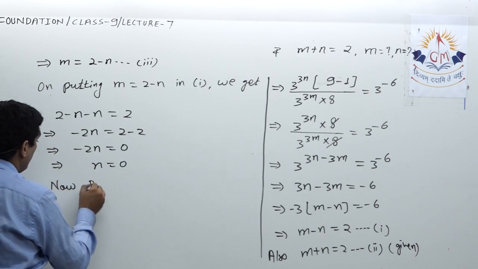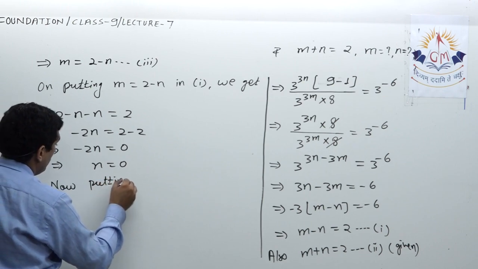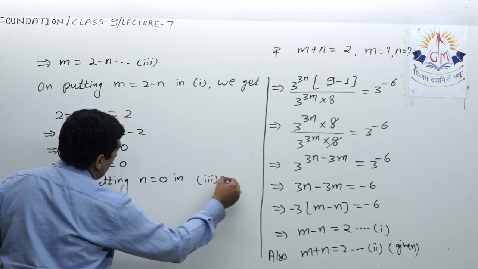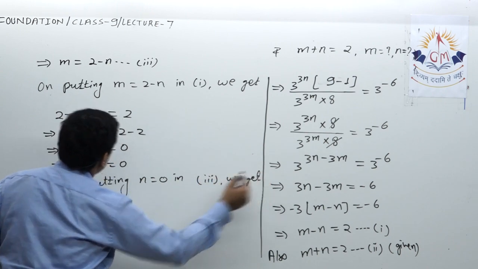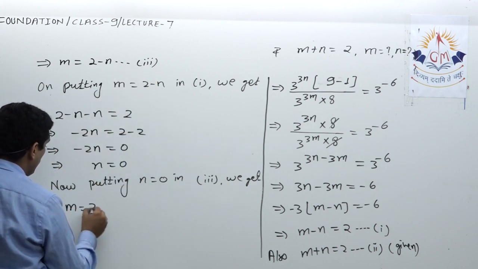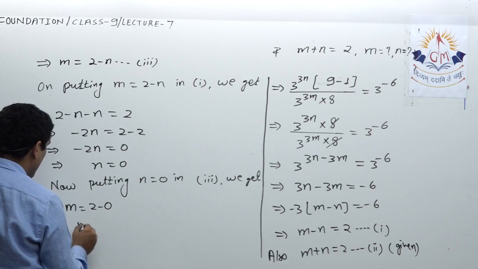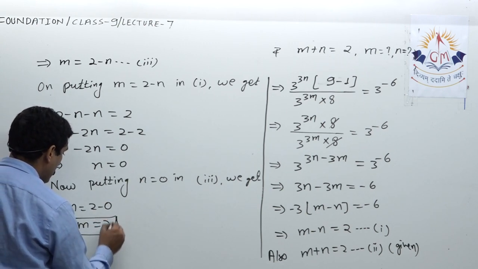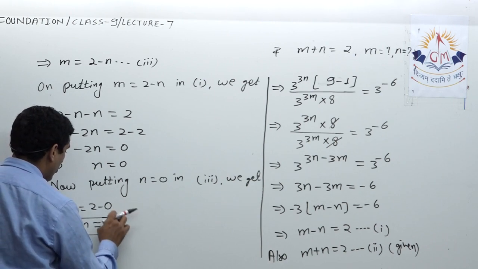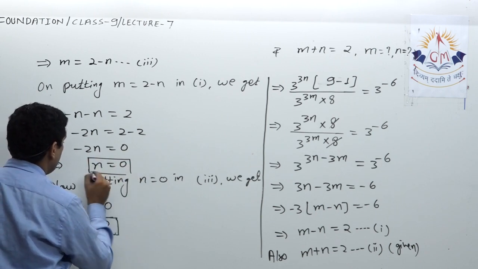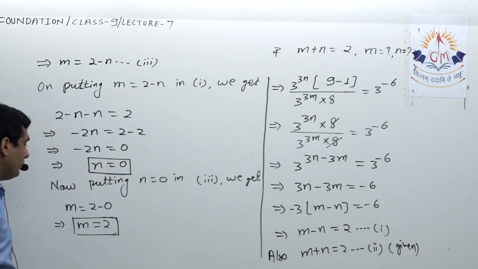Now putting n equal to 0 in third, let us see what we get. So m is equal to 2 minus 0, therefore m is equal to 2. So here we got the value of m as well as the value of n. Okay, so please note it down, then we'll see the next question.